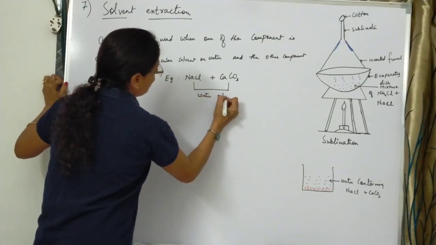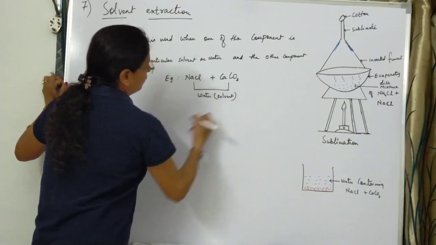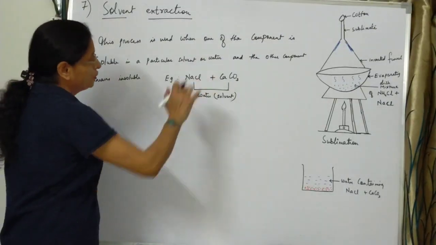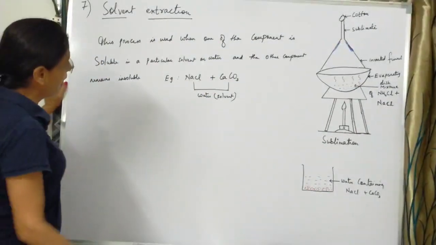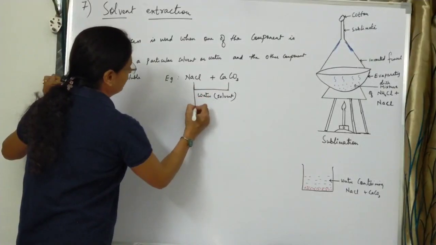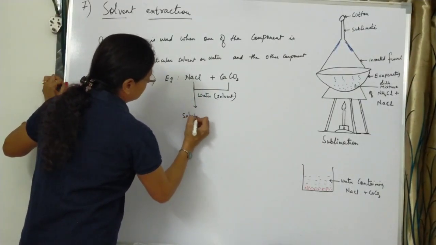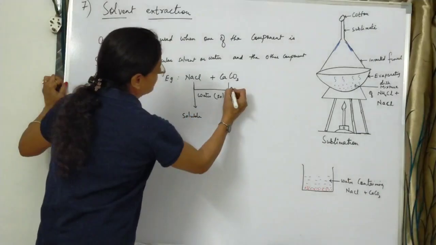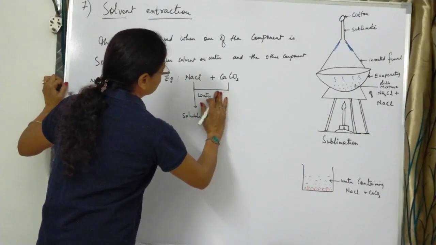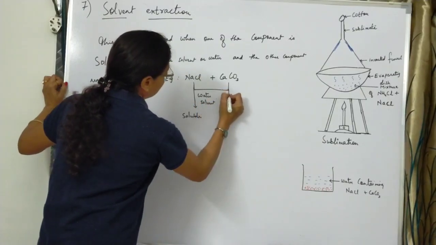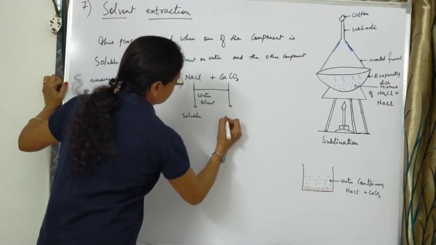Water is acting as a solvent. We add water to both these components. What will happen? This sodium chloride is soluble in water, whereas calcium carbonate, look here, remains insoluble.